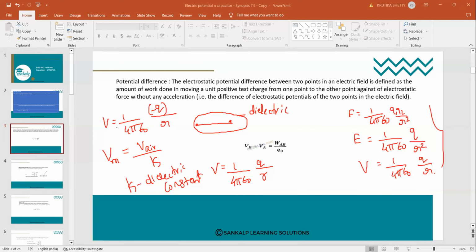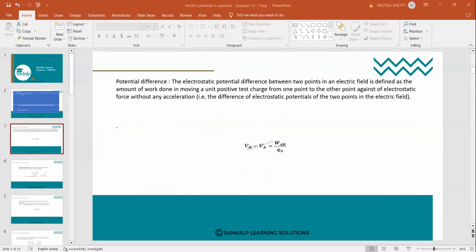Okay. Next. So the next point is the electric potential due to a system of charges.